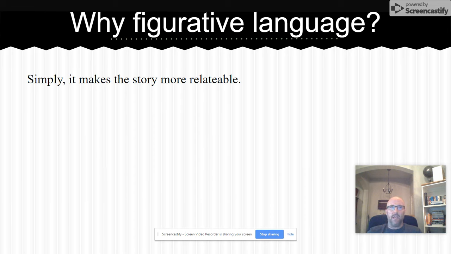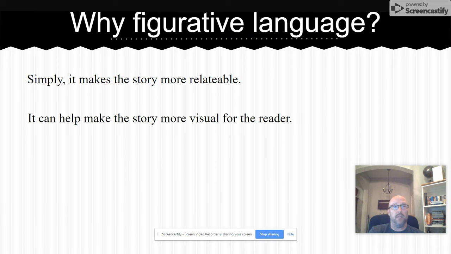And if they use comparisons or something like that in their story, personification, hyperbole, it can really make you understand what they're trying to say, maybe a little bit easier than what was originally meant. It can help make the story more visual. It can really make the story pop for somebody.